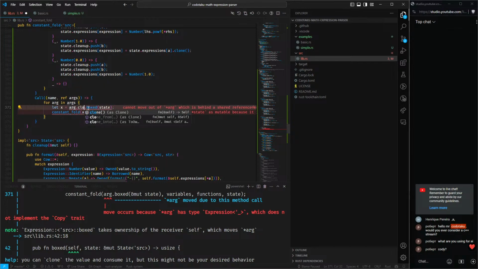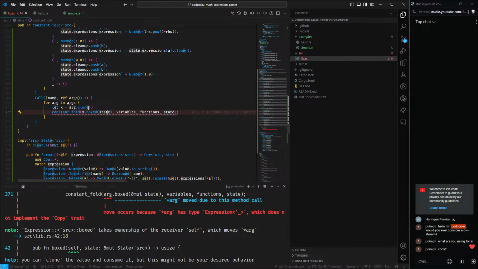Gotcha. Can we clone this? Playing with the borrow checker.